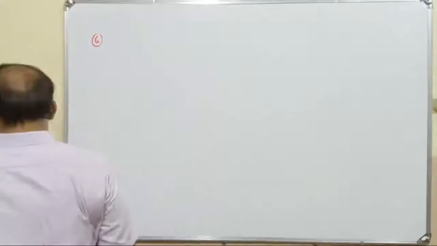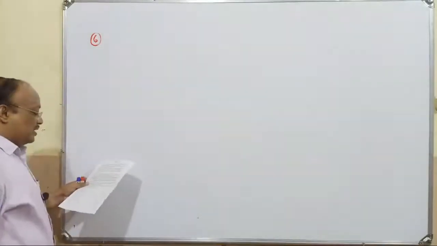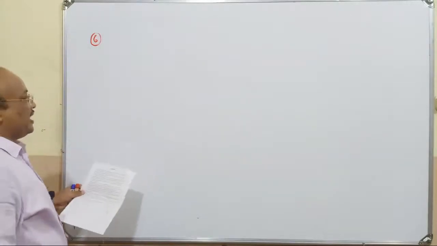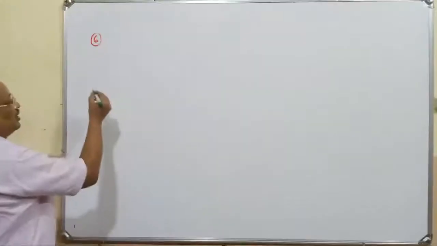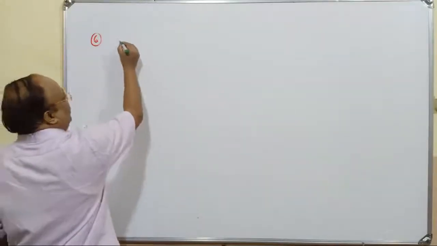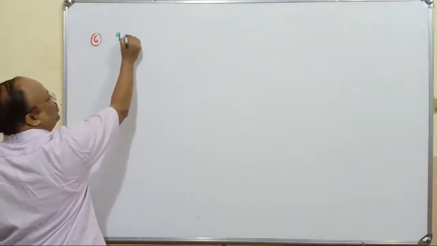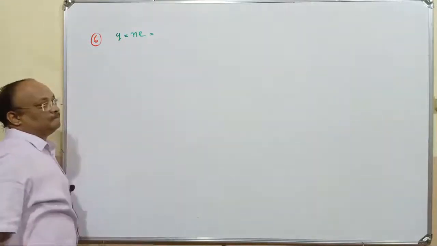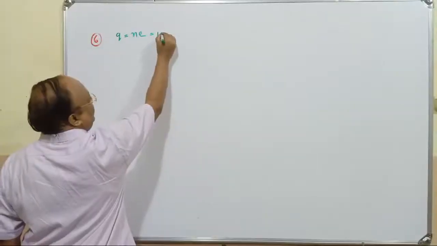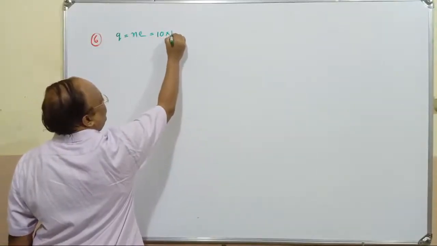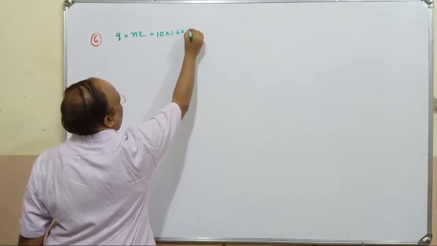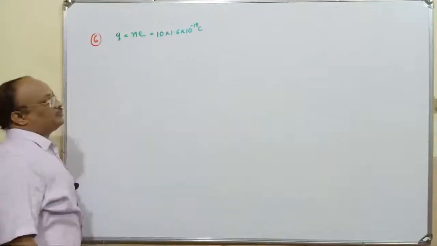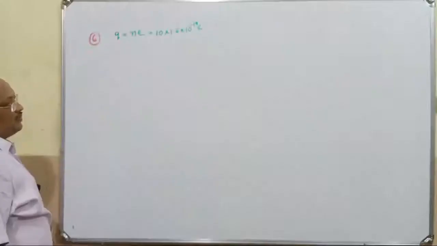So 10 electrons, Q is equal to N into E. 10 into 1.6 into 10 to the power of minus 19. This is the charge of it.